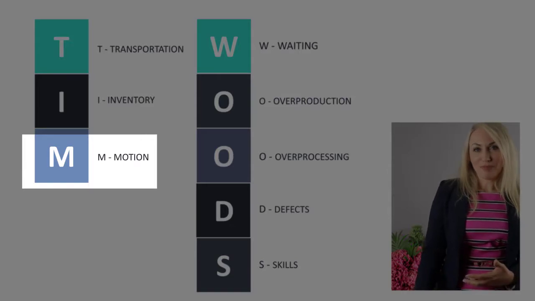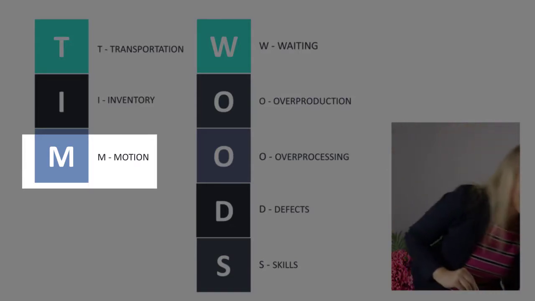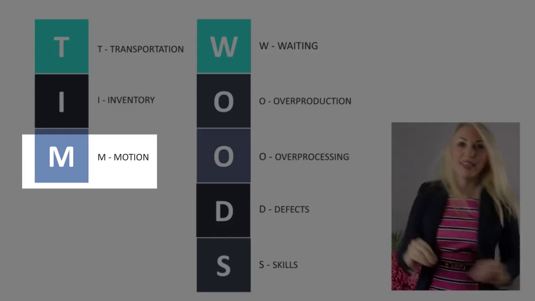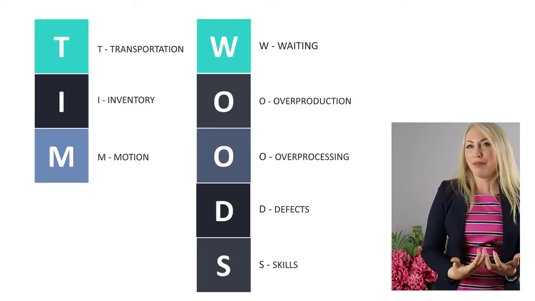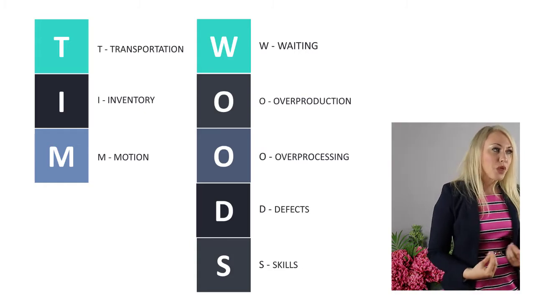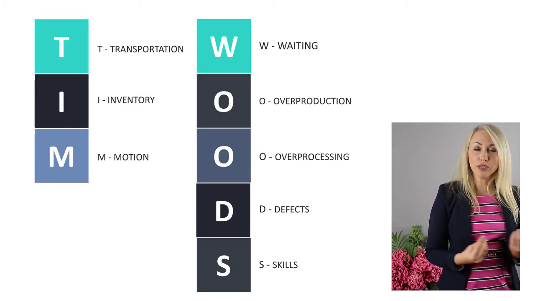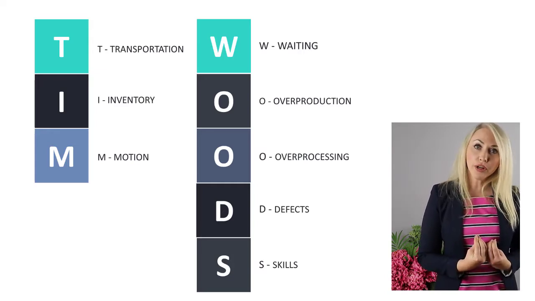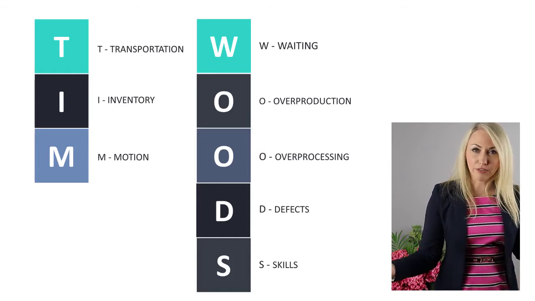M is for motion. Picture yourself on a factory floor and you have to reach up for this part and reach down for that part and over here. Of course, you want to minimize motion, right? Because that just gets tiring. So how do you minimize that for a utility? Or does it even apply? Well, it certainly does apply, because if you imagine that you're trying to put together a comprehensive picture of a particular issue, you're going to want to be able to navigate across a whole series of different tabs, right?